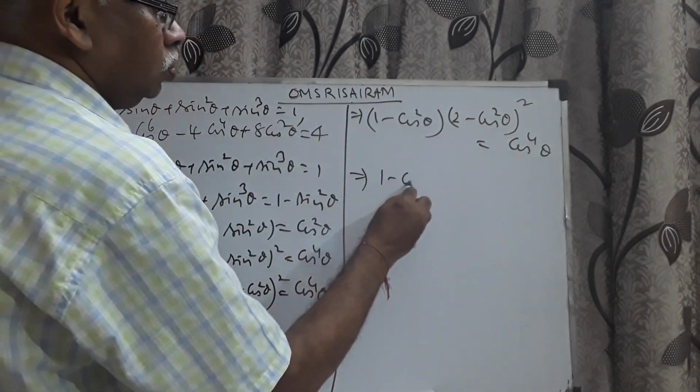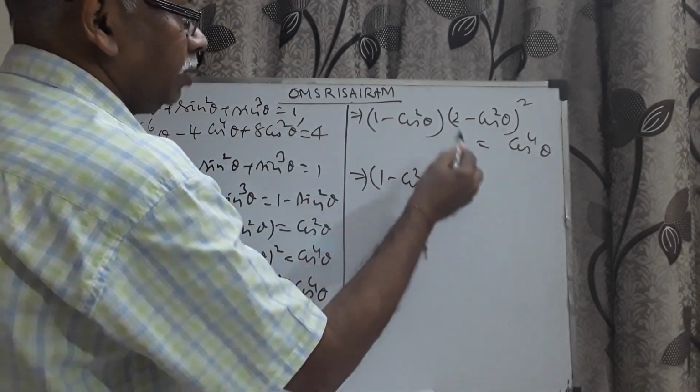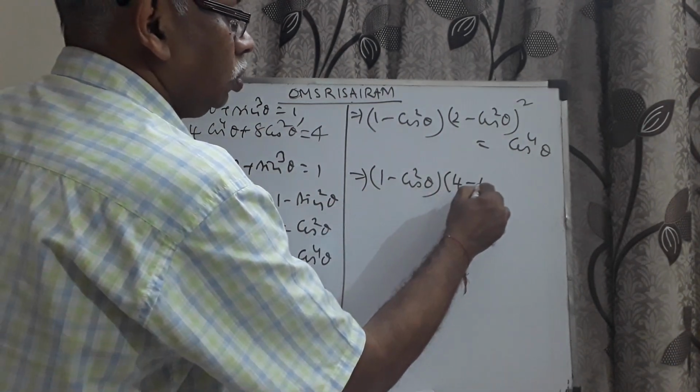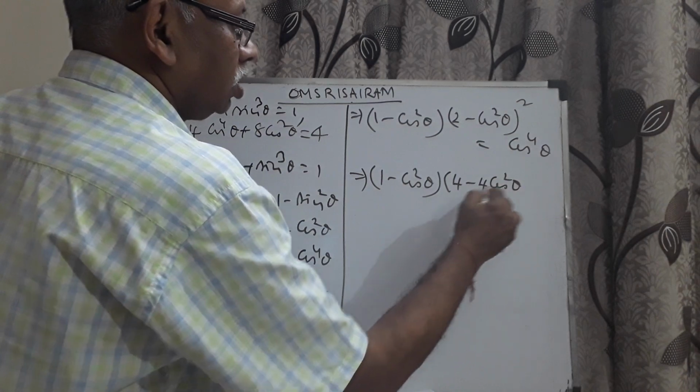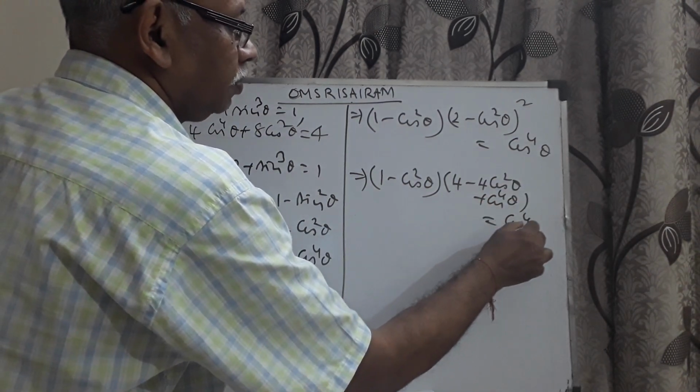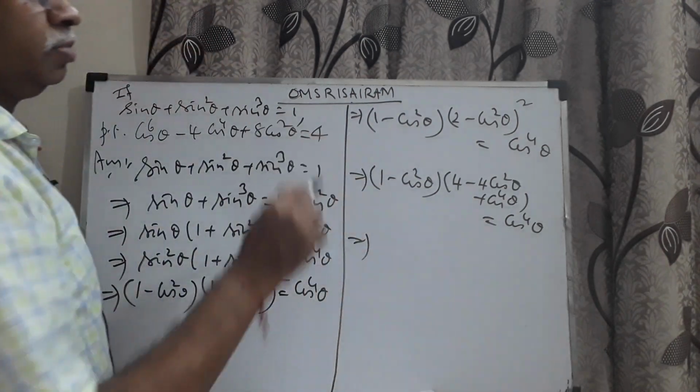Let me use the formula of a minus b whole square. This will be 4 minus 4 cos square theta plus cos power 4 theta, and the whole thing is equal to cos power 4 theta. Let me just multiply fully.